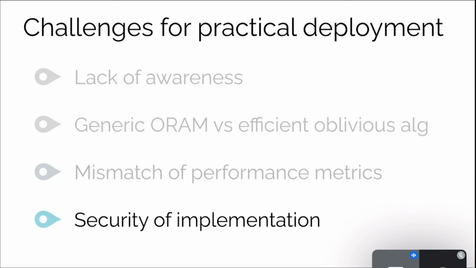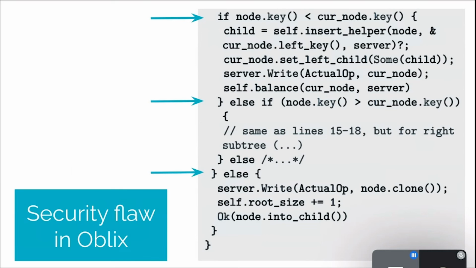Finally, another challenge is the security of the Oblivious implementation itself. This is also interesting because, for instance, when we look at the code of Oblivious, the same prior work I mentioned, the code doesn't offer the security they promise in the paper. In particular, they have conditional branches that branch on some secret variable, and inside these two branches, the memory access patterns are not the same.